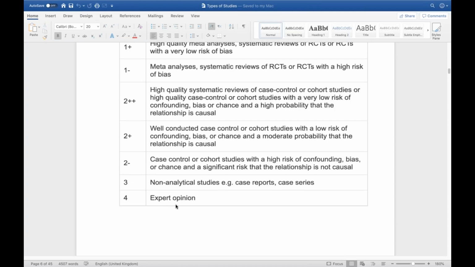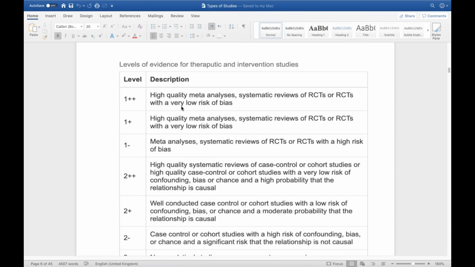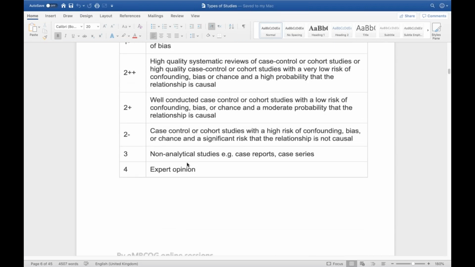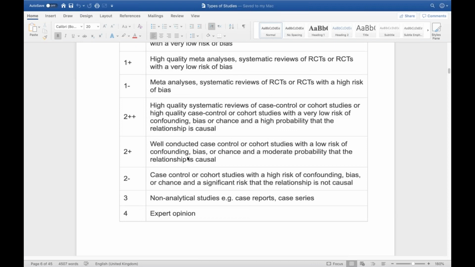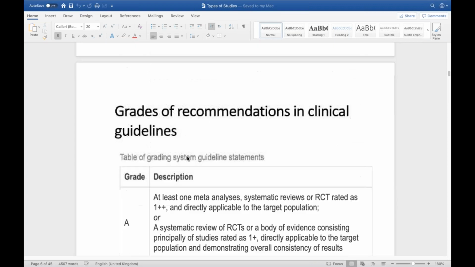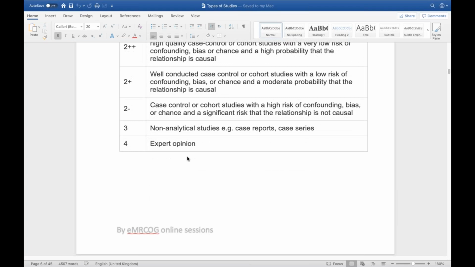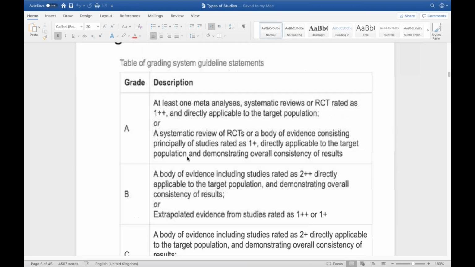They will ask you about the expert opinion, or they will ask you about the high quality thing. It will not come in the middle, because people in real life are using this table. So if I'm going to do guidelines, I will put this table in front of me, and I would classify them according to what is written here. I will not try to remember it, basically.